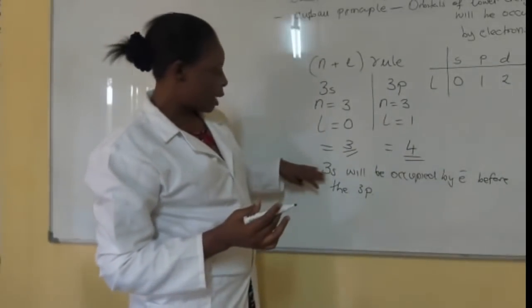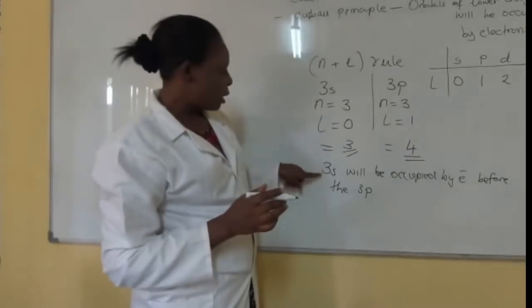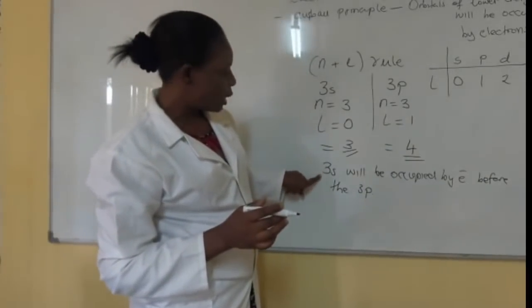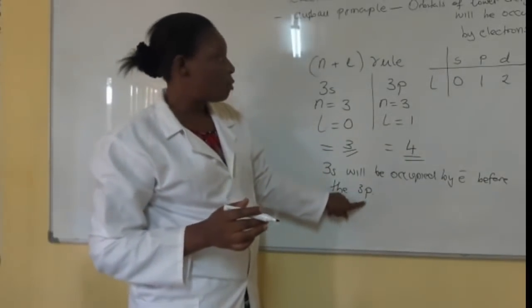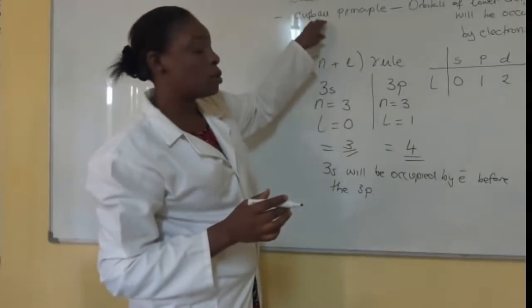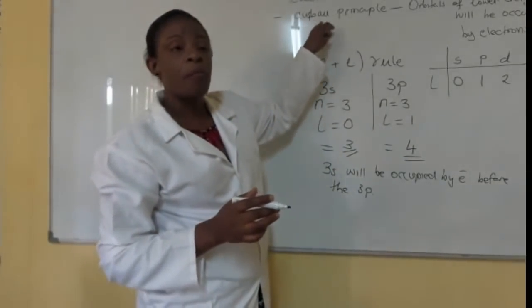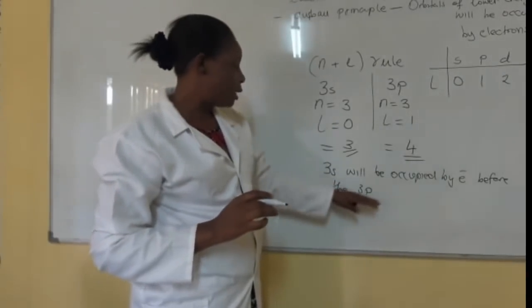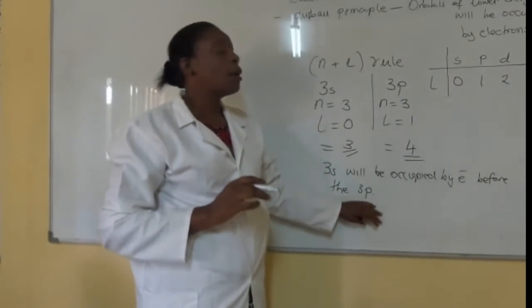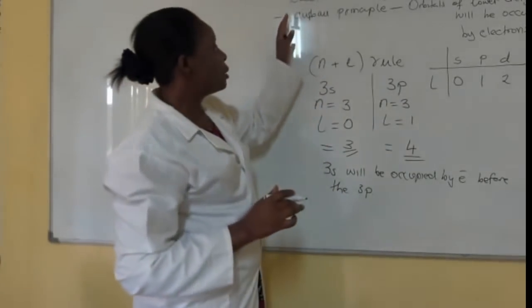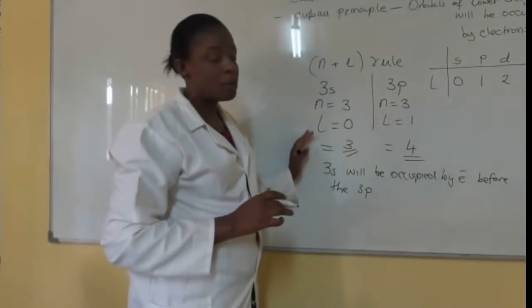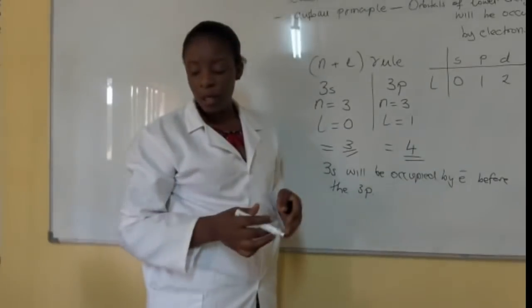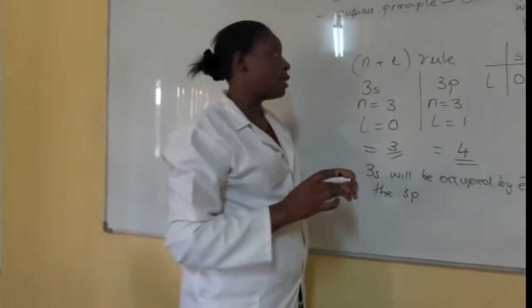And this actually eventually tells you that the 3s orbital has lower energy than the 3p orbital. If you actually went on to look at your orbital diagram, you see that the 3s orbital has lower energy as compared to the 3p orbital. Okay? So this is the first principle which we discussed, and I'm just reminding you what we did.